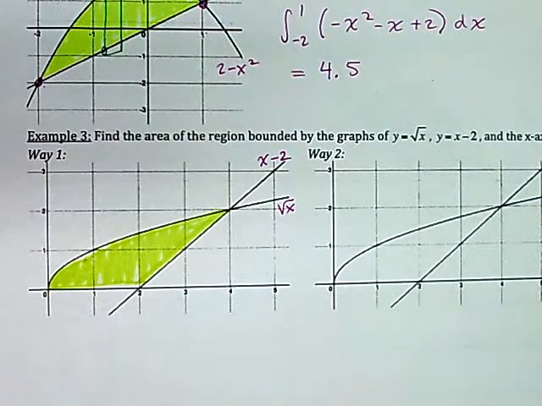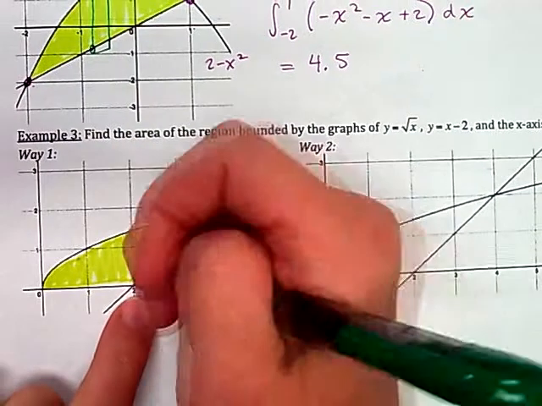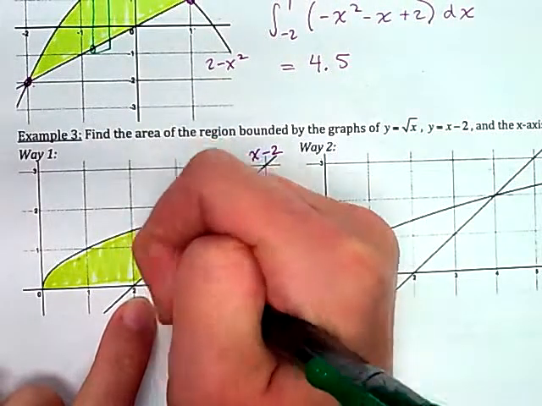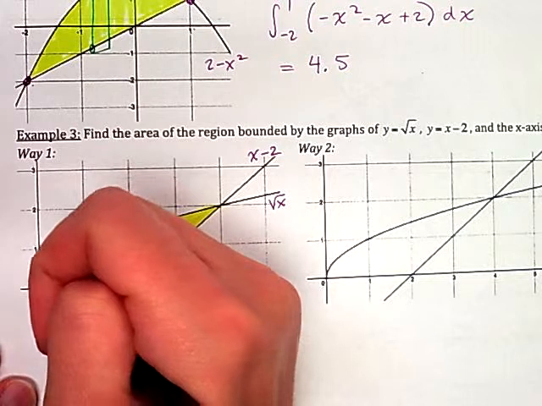it's that. Now this problem is a little bit different because if I choose to draw my sample rectangle somewhere after 2, it is slightly different than if I draw my sample rectangle somewhere before 2.